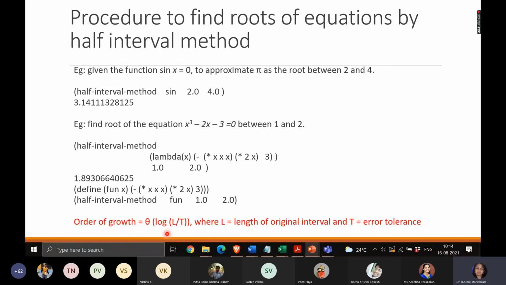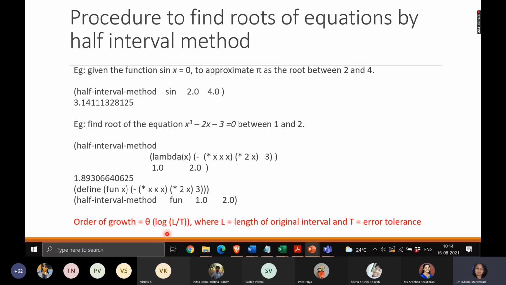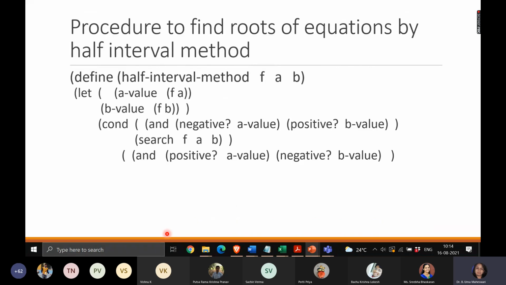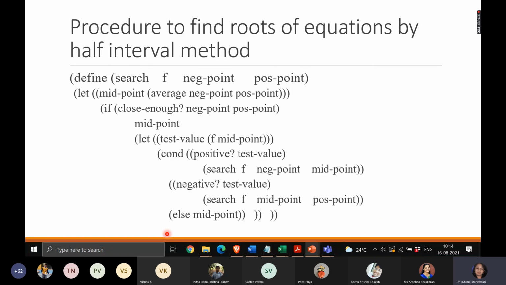That's fine. Right, thank you so much. If you have any questions, you can ask me. I hope you understood this program. Look at this algorithm and sit and work this out. Where the bracket is, where it is closing, all those things matter.